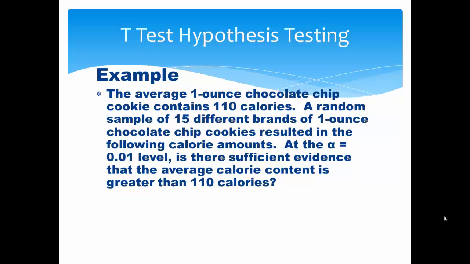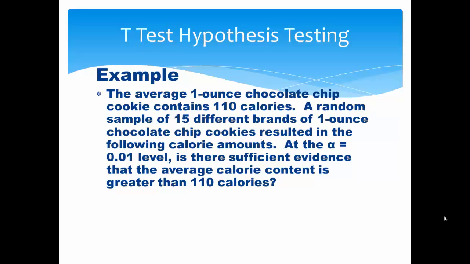And so I'm going to do a hypothesis test to either prove that the manufacturer is correct or disprove it. So I went out and selected a sample of 15 different brands of chocolate chip cookies, and I calculated the number of calories in each one of these 15 brands.